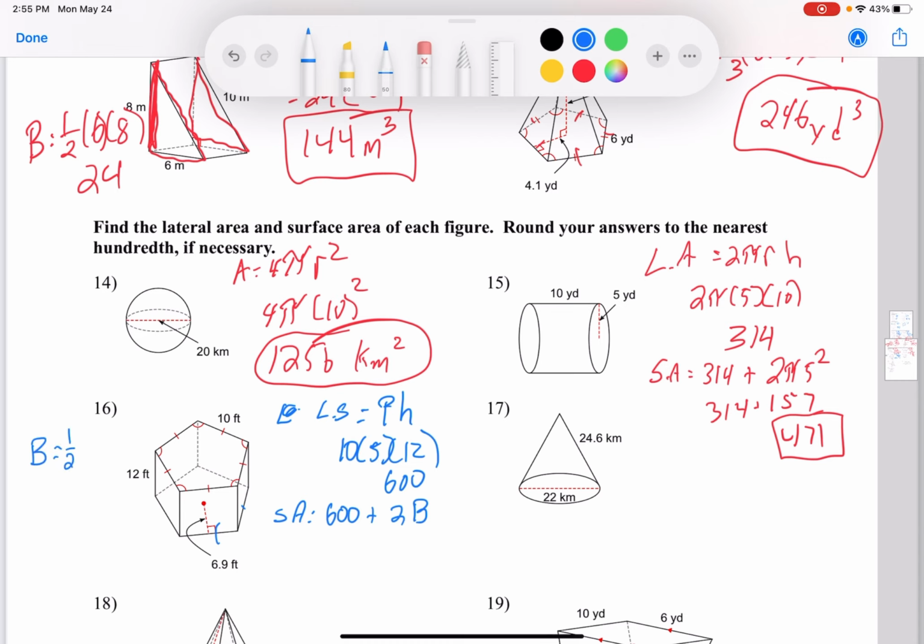The surface area, to do the surface area, it's the lateral area, which was 849.7, plus, find the surface area. And then we've got essentially the area of our circle down there. So pi r squared.